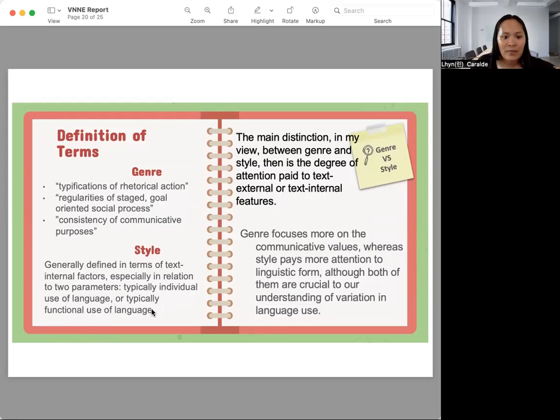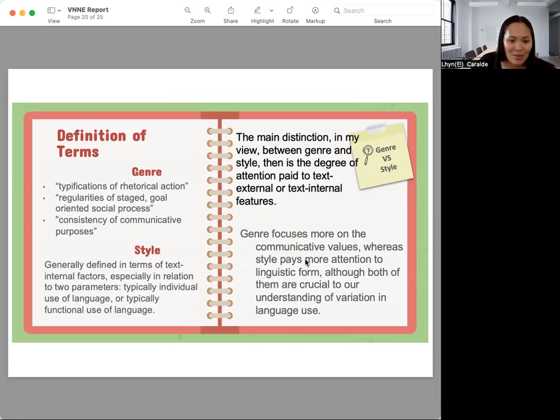The main distinction in my view between genre and style then is the degree of attention paid to text external or text internal features. Genre focuses more on the communicative values, whereas style pays more attention to linguistic forms.